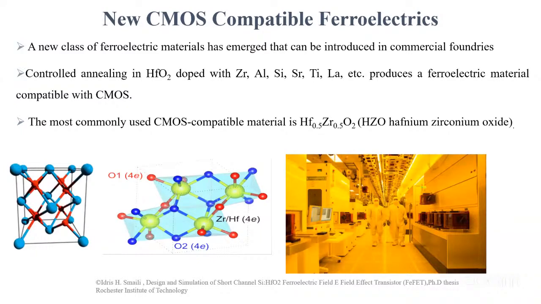So hafnium oxide is inherently paraelectric, but hafnium oxide doped with zirconium becomes ferroelectric in nature because the zirconium ions occupy the non-centrosymmetric sites of the lattice.